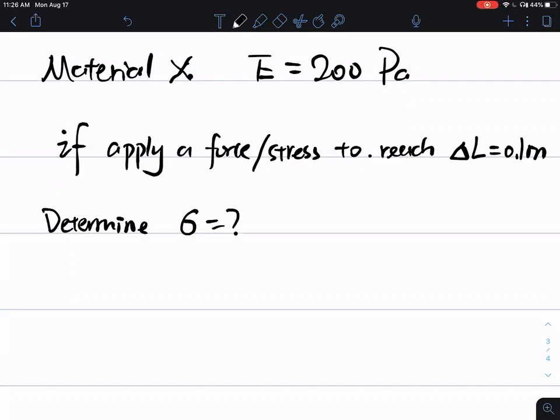Does that make sense? In order to solve that, we need another piece of information: the original length of this bar made of material X is 1 meter. So how can we do that? How do we determine the needed stress in this case?